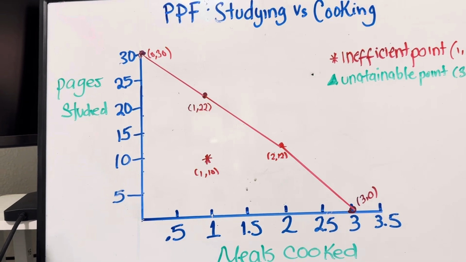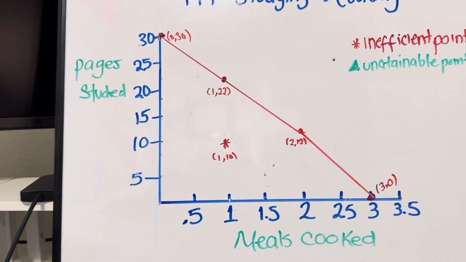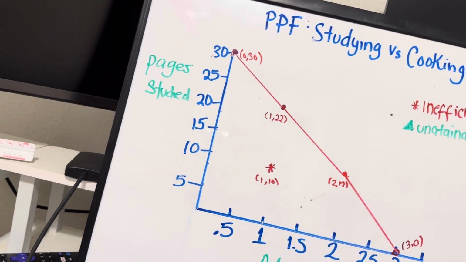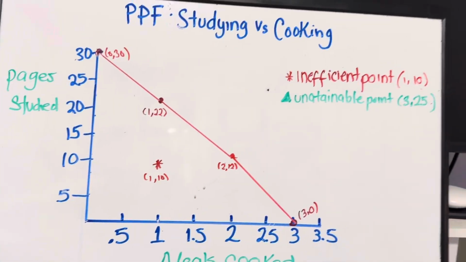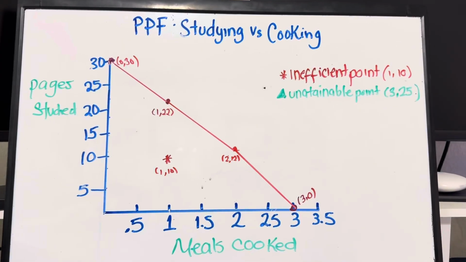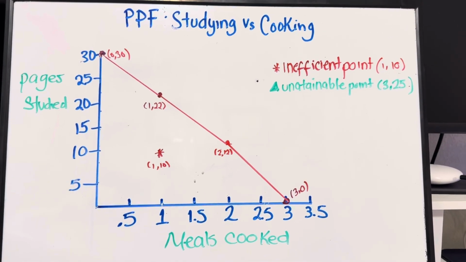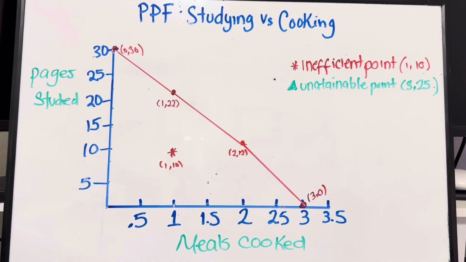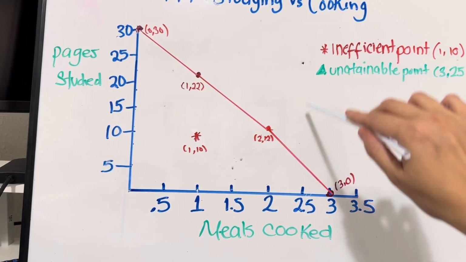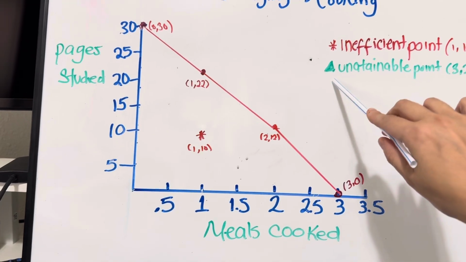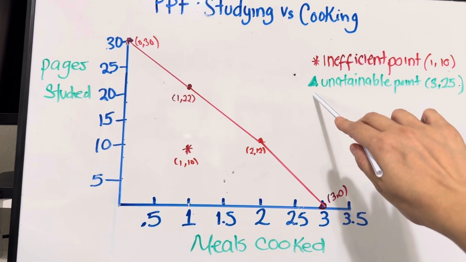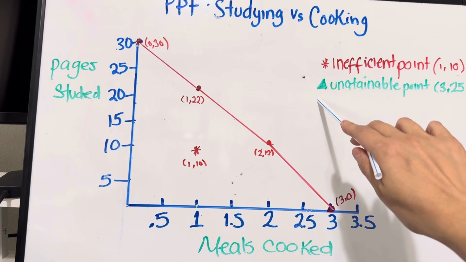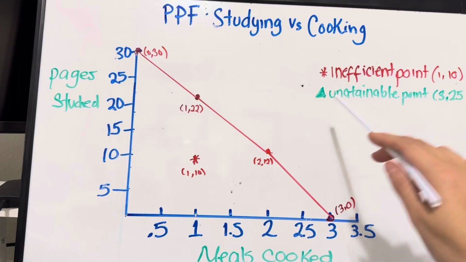Okay, thinking about what side of the market I am, I'm going to say I'm a supplier, because I'm going to take the food that I cook and I'm going to sell it. So this is going to change the equilibrium, because when I move to my unattainable point, I can maximize my resources, and then I am faster.